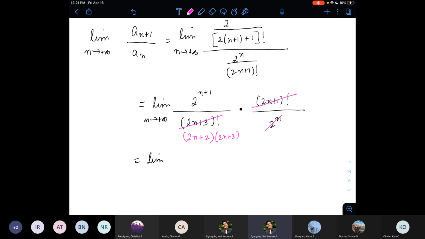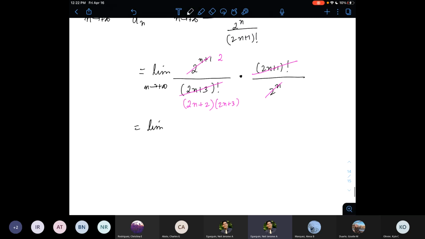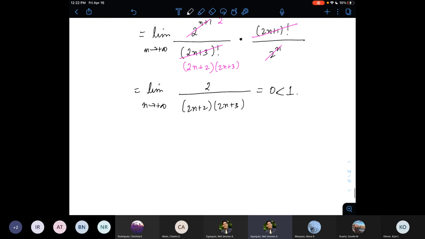Oh, here 2 to the n will be canceled by most of the factors here, but there would be a 2 left on the numerator. So essentially, this would be 2 over 2n plus 2 times 2n plus 3 as n approaches infinity. Top is a constant. Denominator becomes very large, so the limit will be equal to 0, which is less than 1, right?